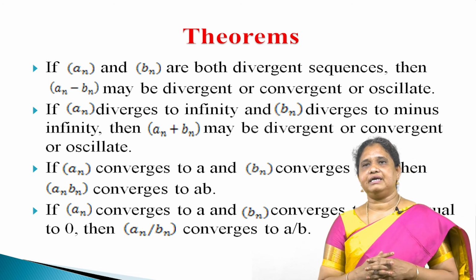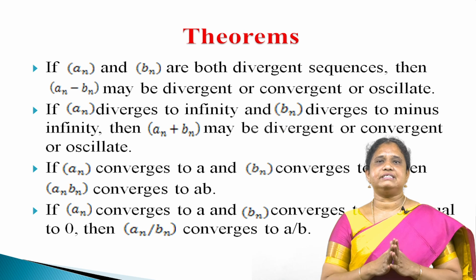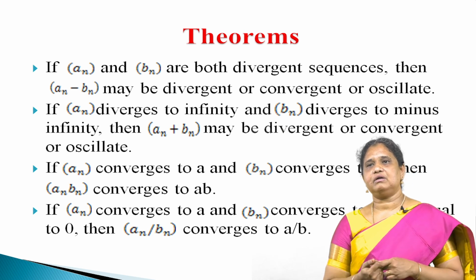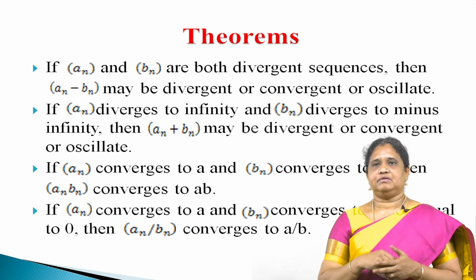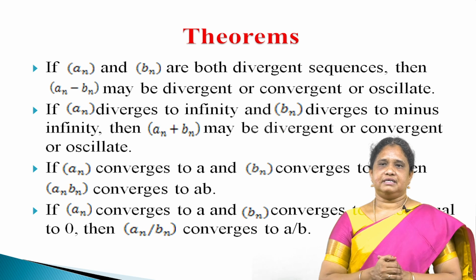If an and bn are both divergent sequences, then the difference of these sequences an minus bn may be divergent or convergent or oscillate. And similarly, we have some more theorems in product and division.